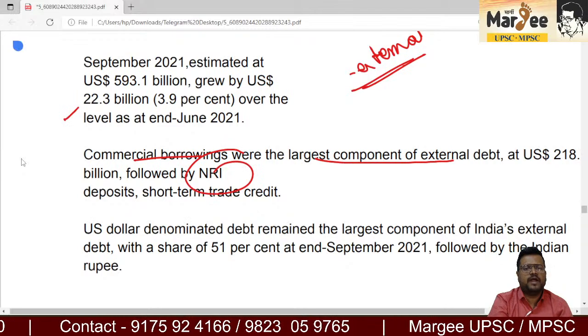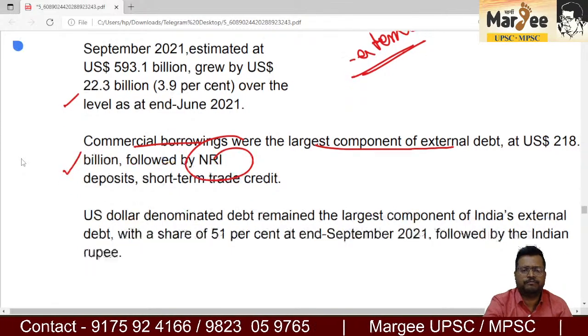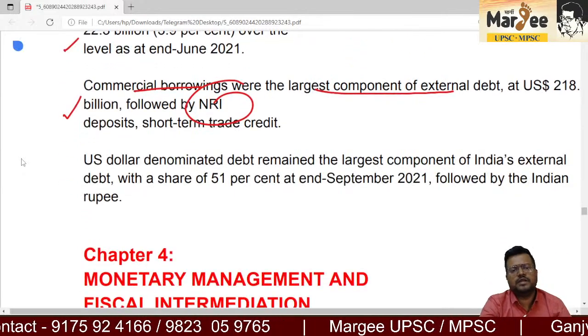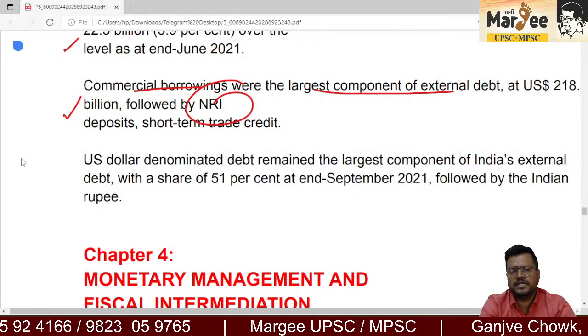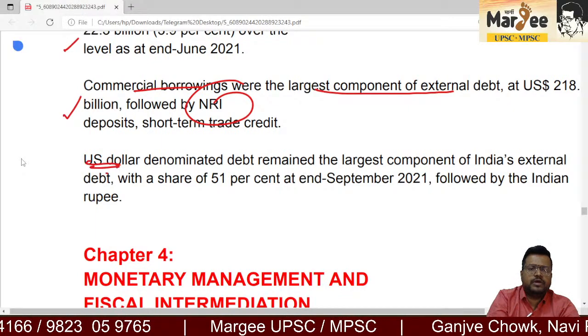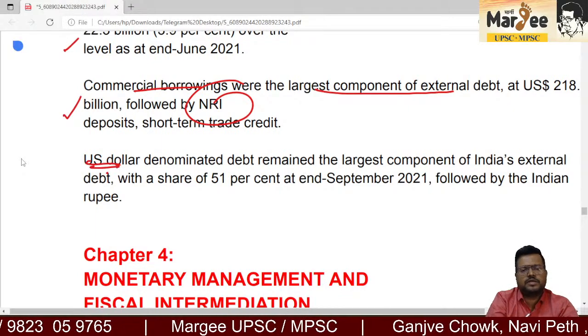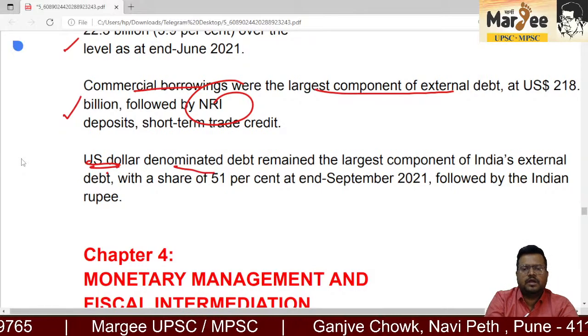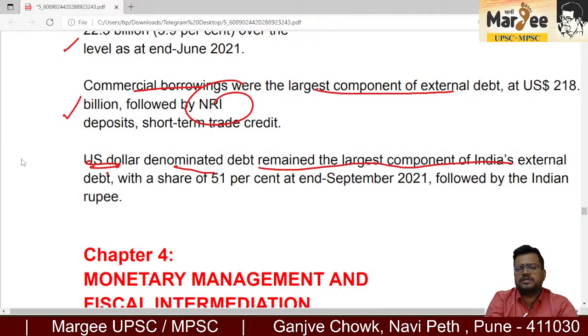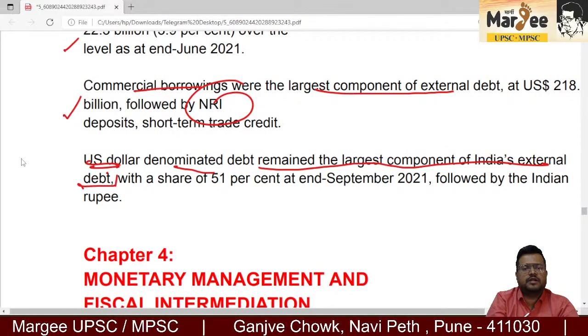So this fact you should just go through. Which currency denominated debt remained the largest component of India's external debt? US dollar. Obviously, it is the strongest currency in terms of world economy. So US dollar denominated debt is the largest component of India's external debt.